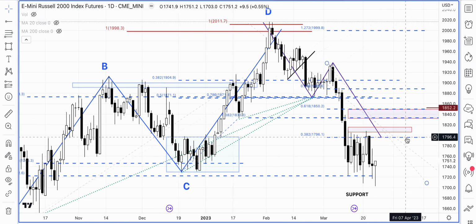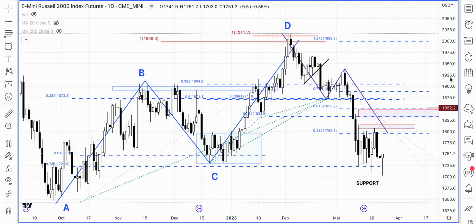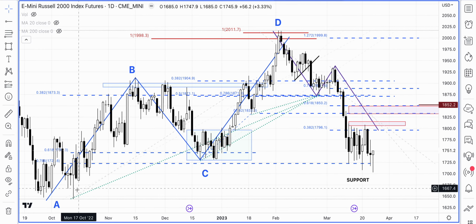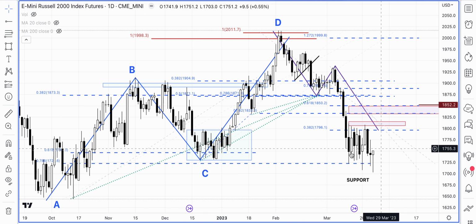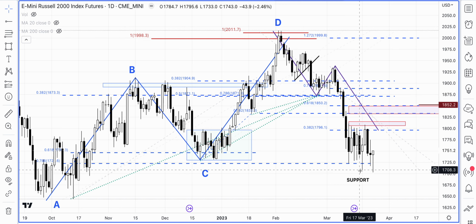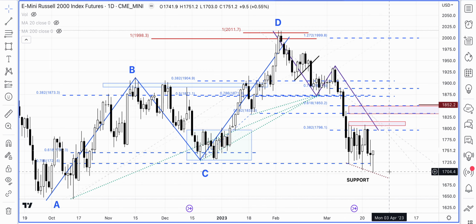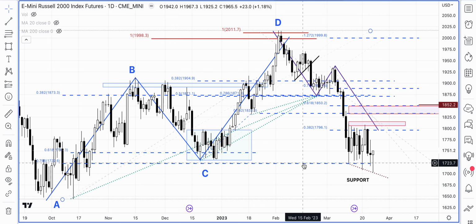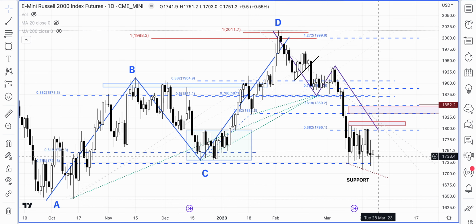So Russell 2000 has been underperforming. You can see how much weaker it is after completing this big ABCD. Now the thing which we are really watching is that it's been one, two, three attempts. So in fact, there is a support like this where it is coming down, and it keeps finding support from the 78.6% Fibonacci retracement.